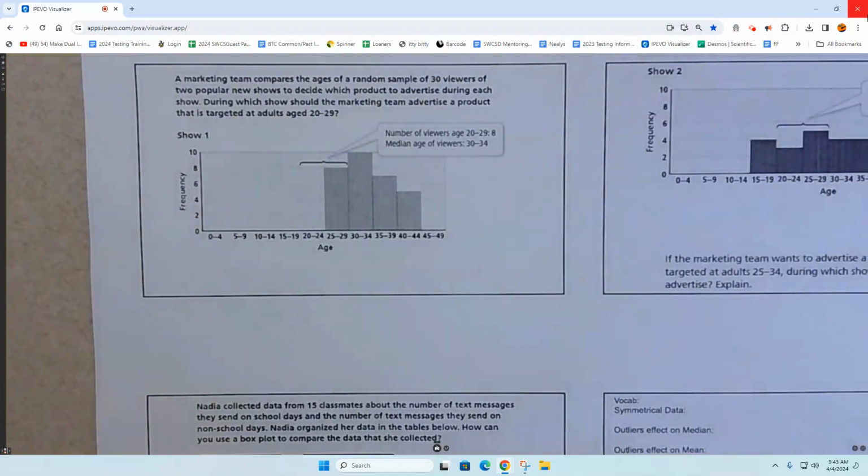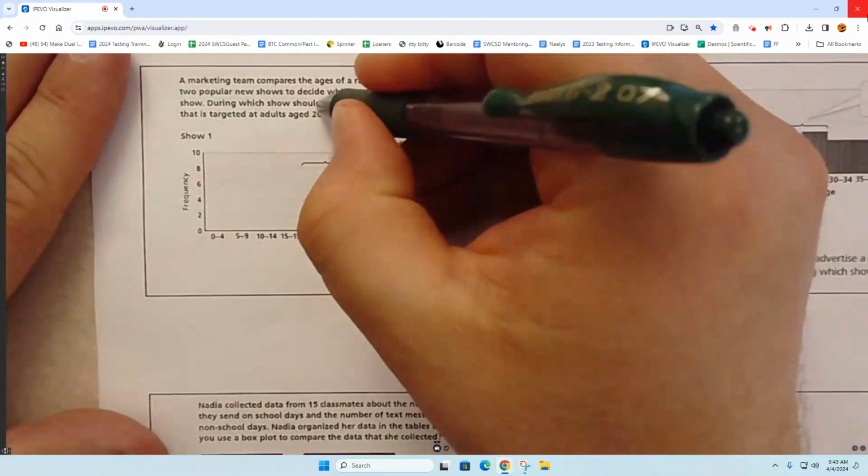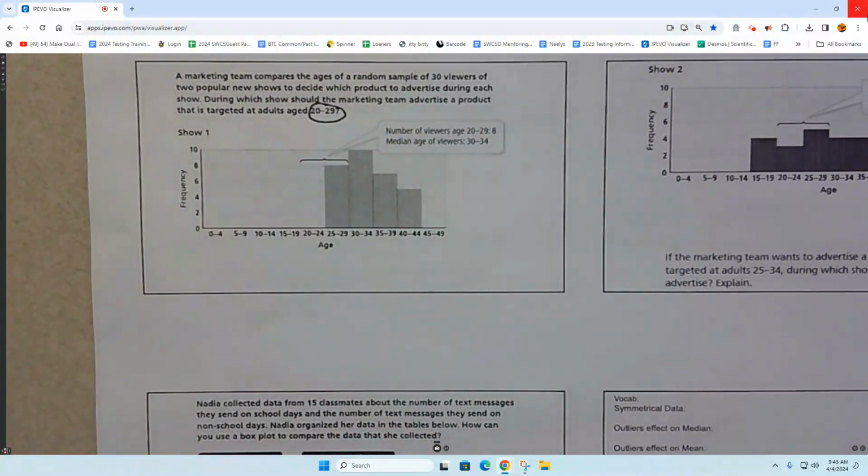Marketing team compares the age of a random sample of 30 viewers to the top two popular shows to decide which product to advertise during each show. During which show would the marketing team advertise a product that is targeted for 20 to 29-year-olds, which is this one.